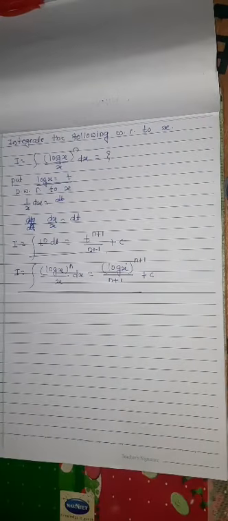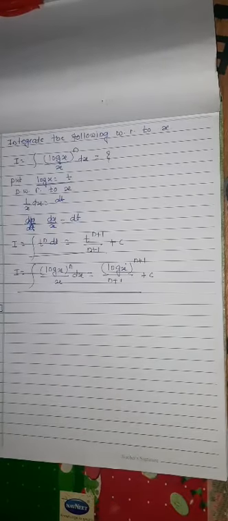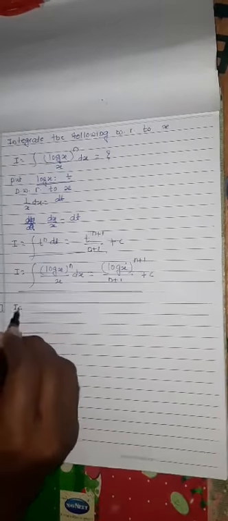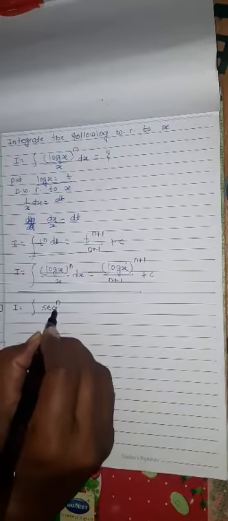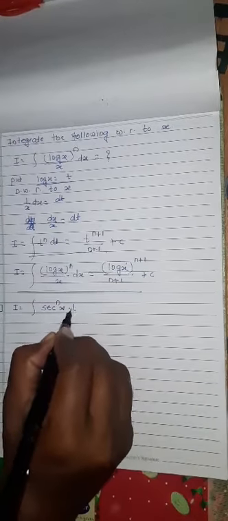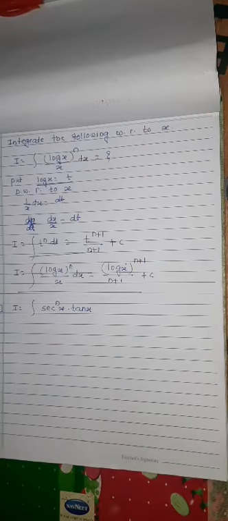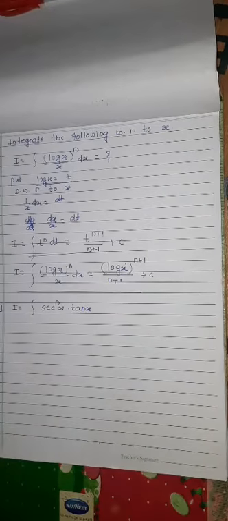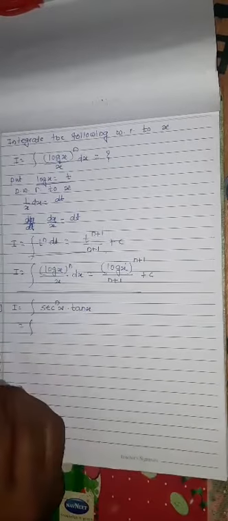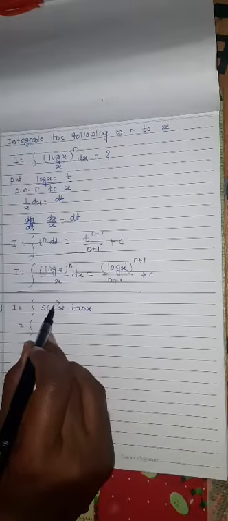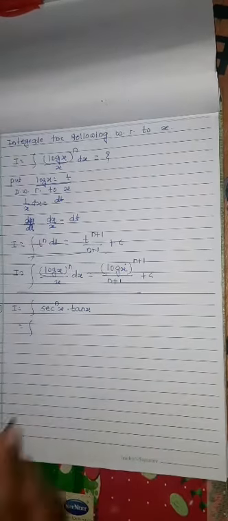Now suppose we take a second example. Suppose I is equal to the integration of sec raised to n of x into tan of x, isn't it? Now we have to rearrange this term. From sec raised to n we can take one sec as common.